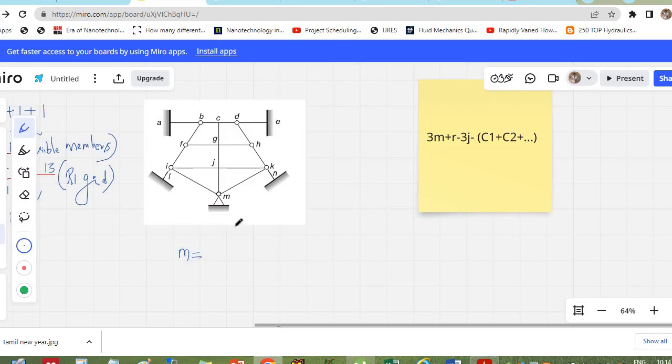Here if you calculate the number of members: 1, 2, 3, 4, 5, 6, 7, 8, 9, 10, 11, 12, 13, 14, 15, 16, 17, and here you have 18.